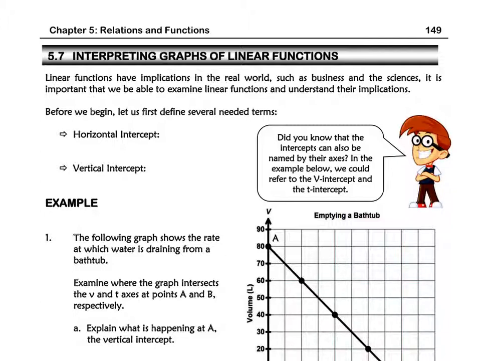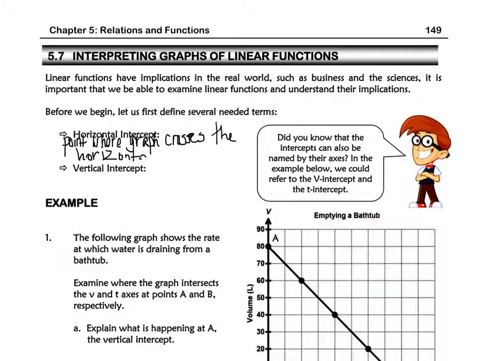If we write those definitions down, the horizontal intercept is the point where a graph crosses the horizontal axis.